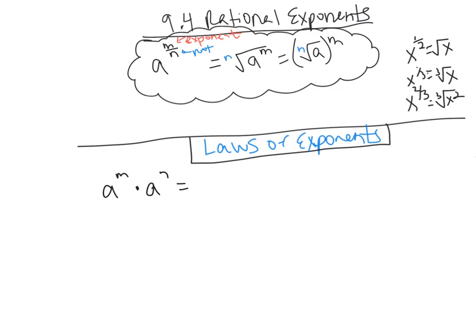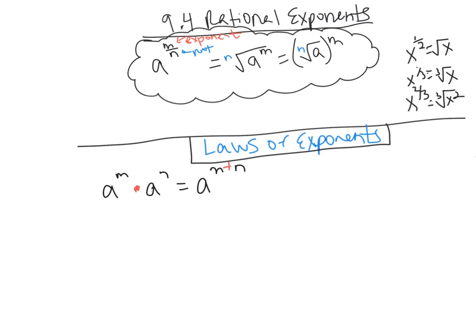Well, when I have two bases, two exponents, and I'm multiplying, since I have the same base, and you can only do this if you have the same base, you can keep the same base and we can add those exponents. So two bases, two exponents, we can add the exponents. We do not add the base, though.